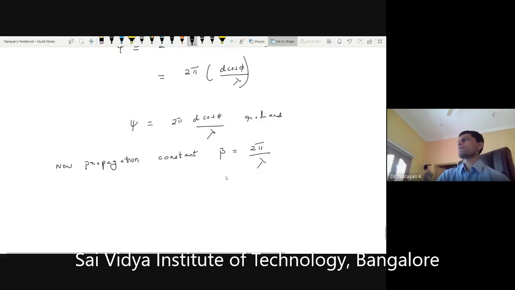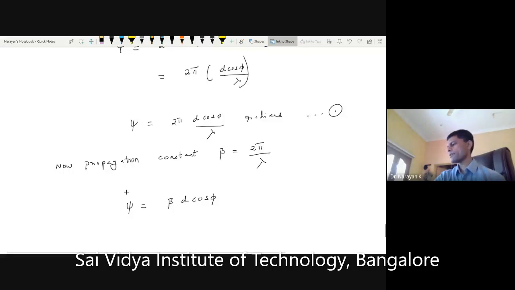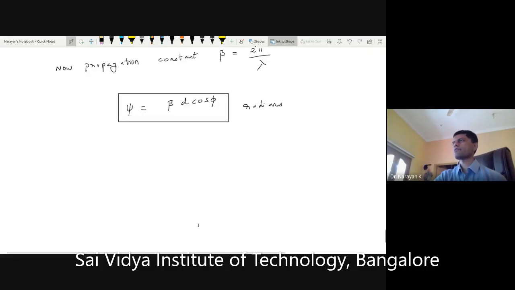So if you call this as equation 1, and substitute in the above equation, you will get psi is equal to beta d cos phi radians, where beta is your 2 pi by lambda. Now we'll find out the electric field at a distant point P.